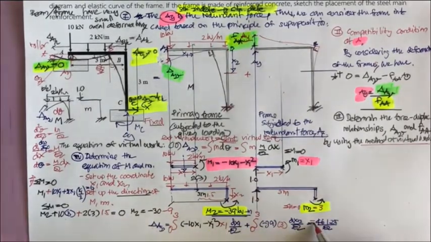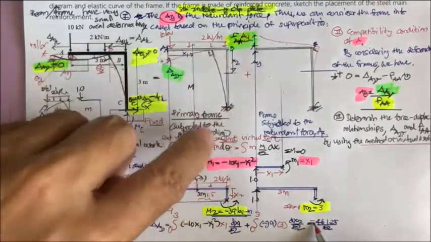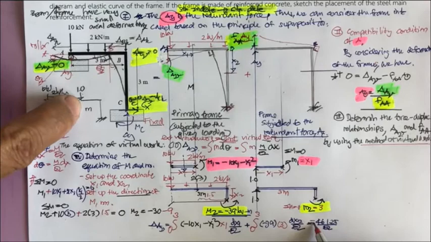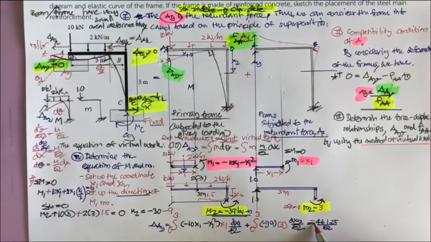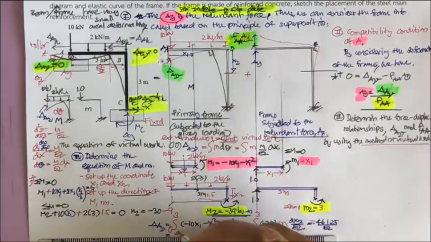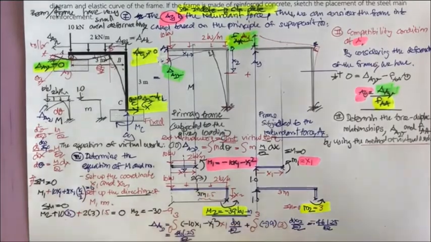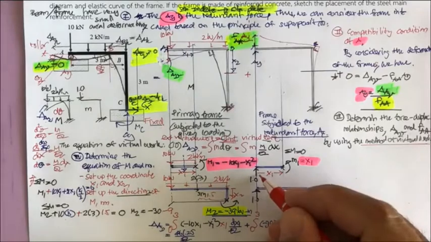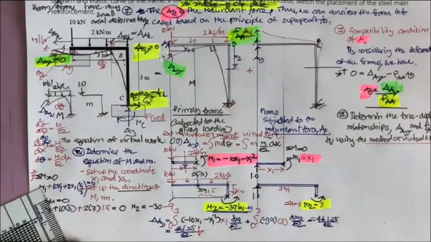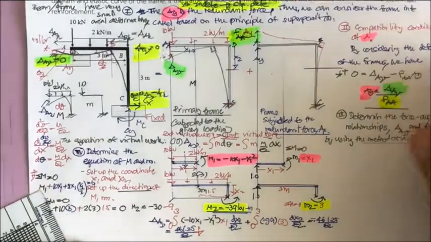This is negative because the direction that you use is opposite to what it should be. Okay, so if you would like to answer it clearer, just put this one equal to 461.25 over EI, and direction just opposite to this is going to be downward. So keep this in mind, and we will use this later.